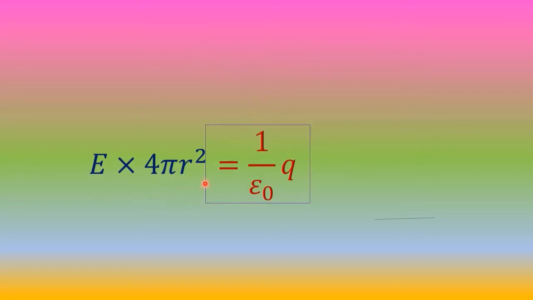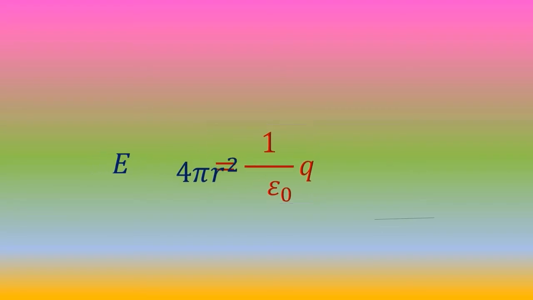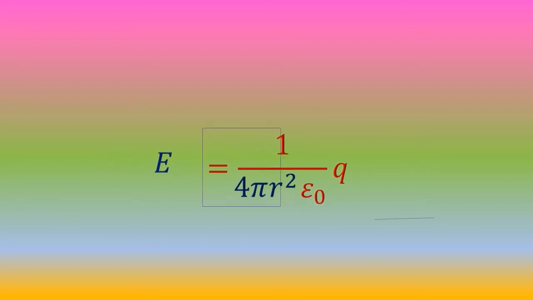So E into 4 pi r square is equal to 1 by epsilon 0 Q. E is equal to 1 by 4 pi r square epsilon 0 Q.